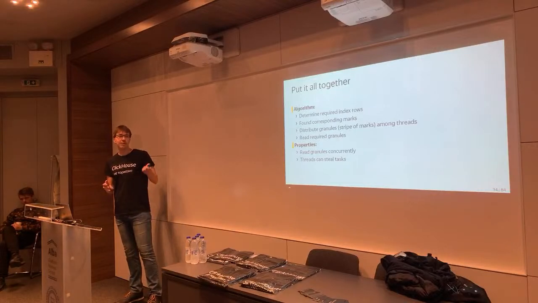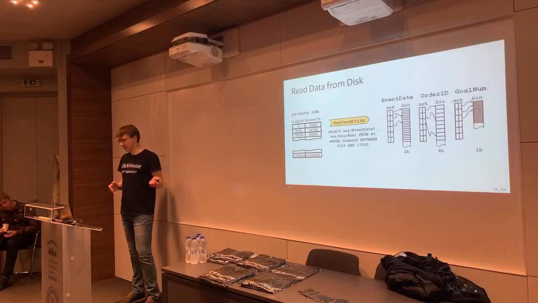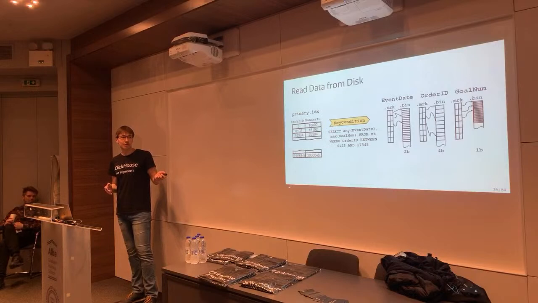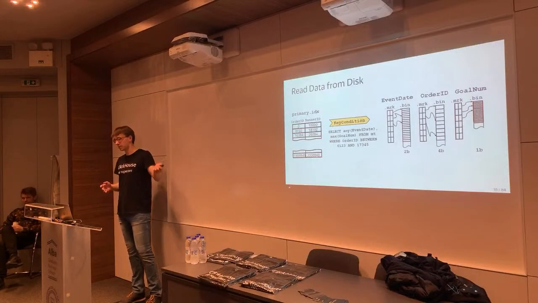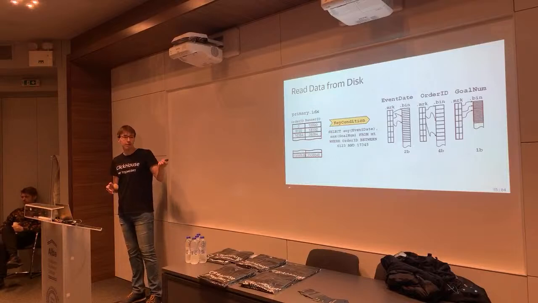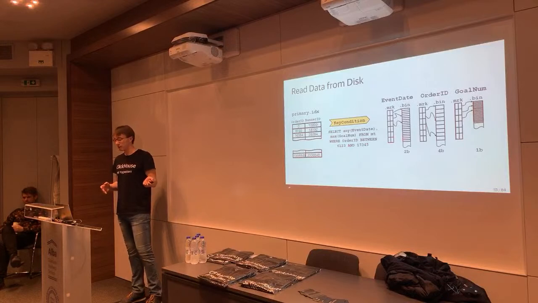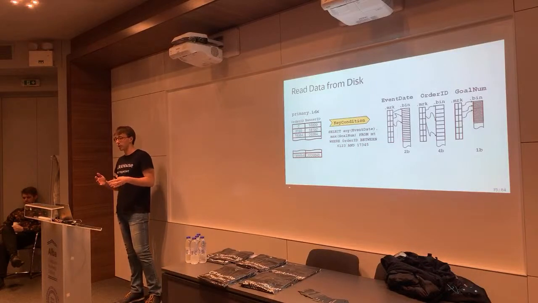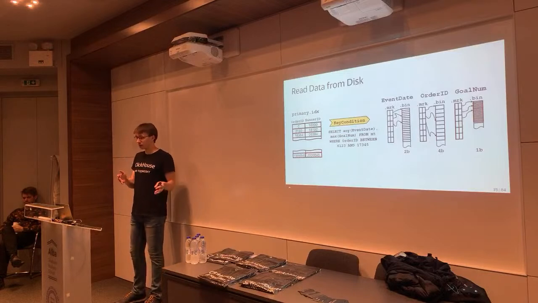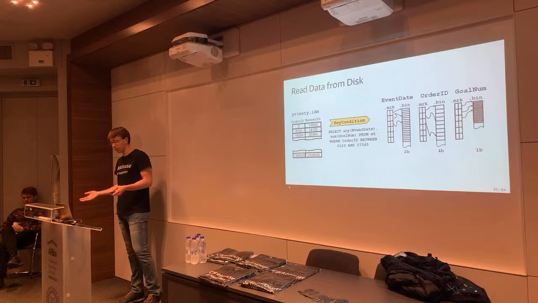Okay, prepare for the next slide. So we have our primary.idx file as before. We have our columns with their corresponding marks, and we have a query. What is important in this query is its where part. We want to read some data from our table where order ID is between 6123 and 17,345.